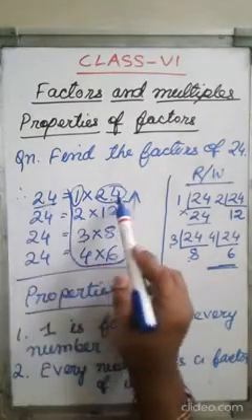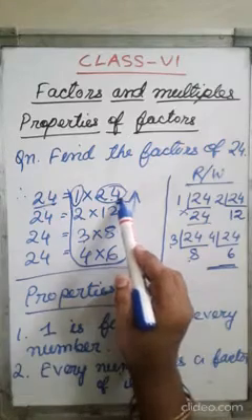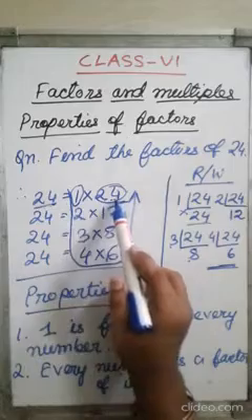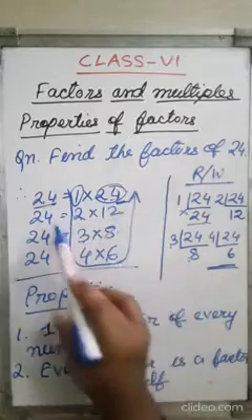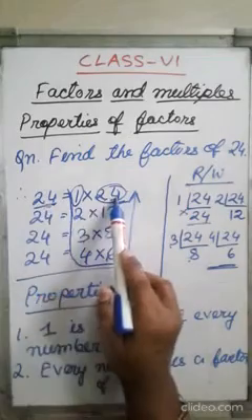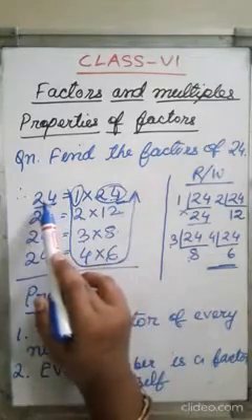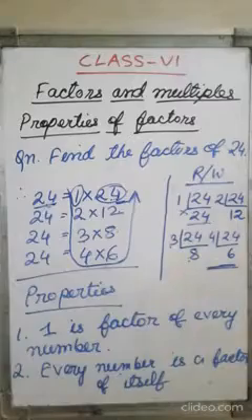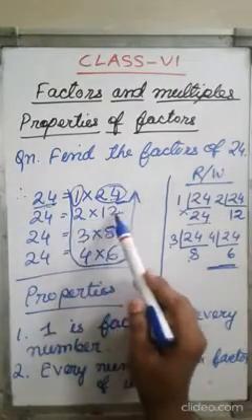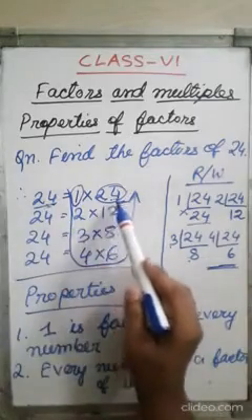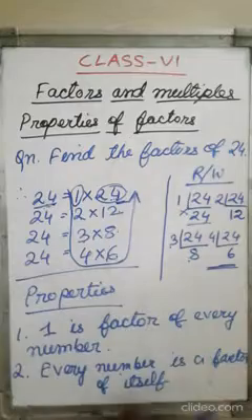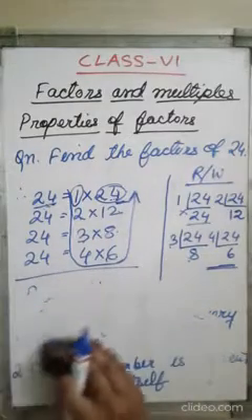The highest factor of every number is either equal or less than the value of this. You can see the highest factor is 24 of 24. So you cannot get a greater factor than 24. All the values will be less than 24. That is the property number 3.